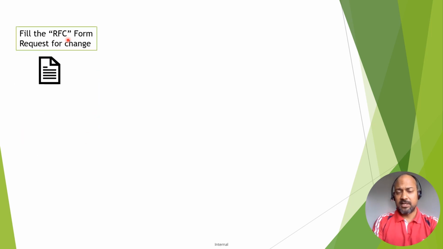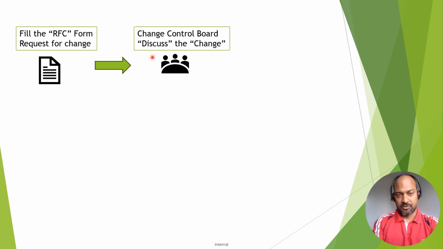A request for change is basically a simplified form with some fields where you have to fill in the exact requirement, the context of the requirement, or the business value or the business case. That business case and form is then submitted to the change control board.